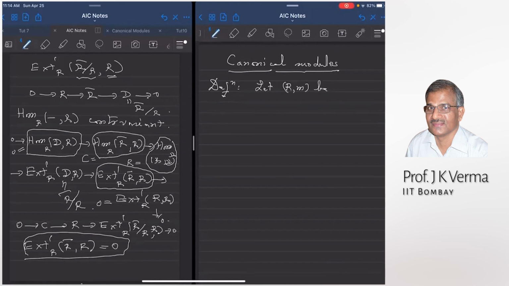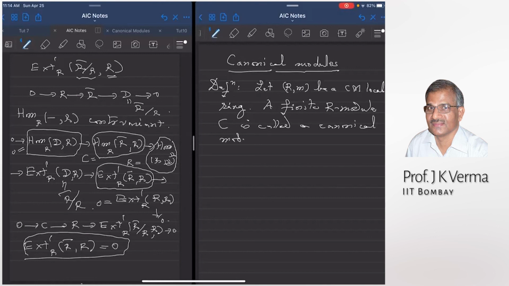Let (R, m) be a Cohen-Macaulay local ring, and a finite R module C, for canonical, is called a canonical module for R if it satisfies 3 conditions.